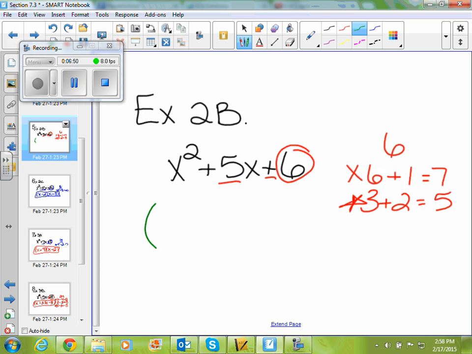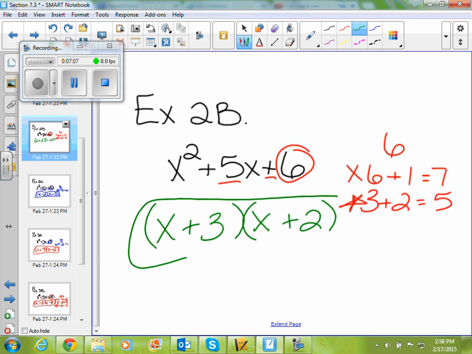How does my x squared break down? Okay, so x and x. So it's a positive 3 or negative 3. What about my 2? That's a positive 2. So x plus 3 times x plus 2.